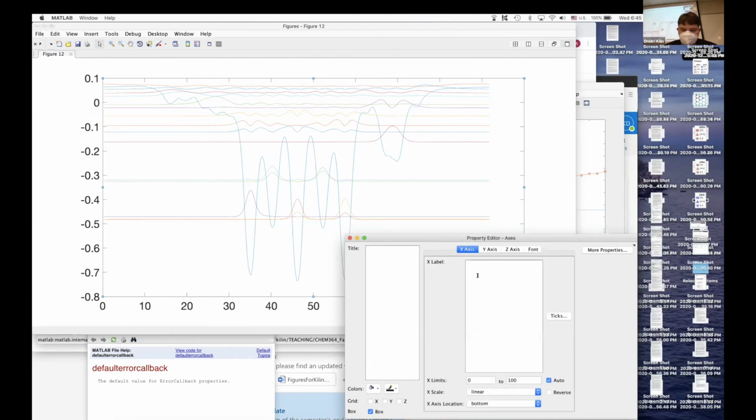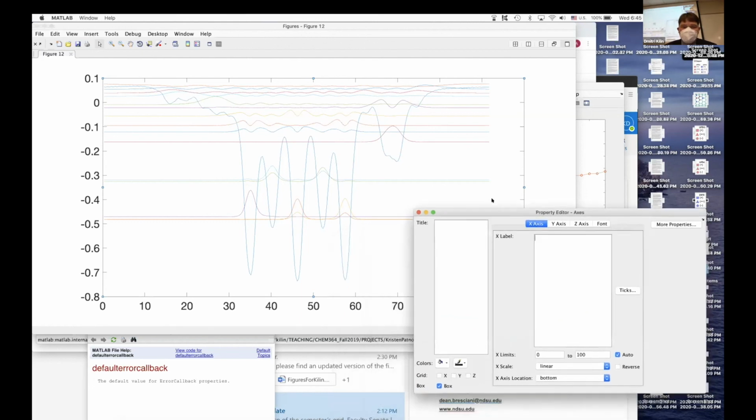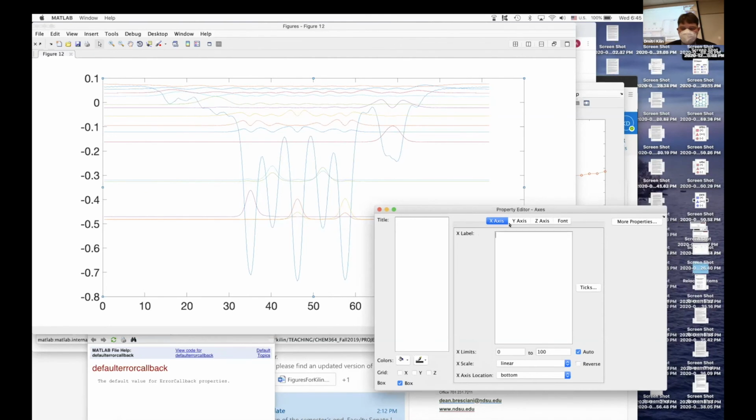And if I type like x-axis, there is a way to change labels right in the code, but if it is too late, you can just click on the property editor and type like position, and then it appears here.